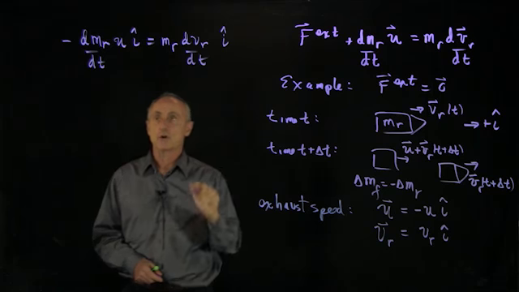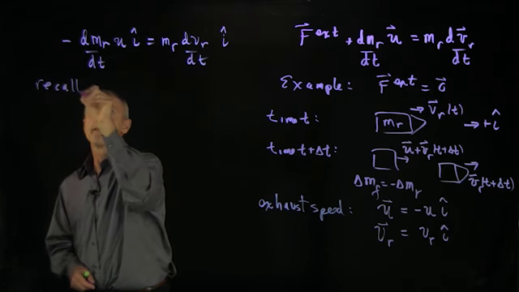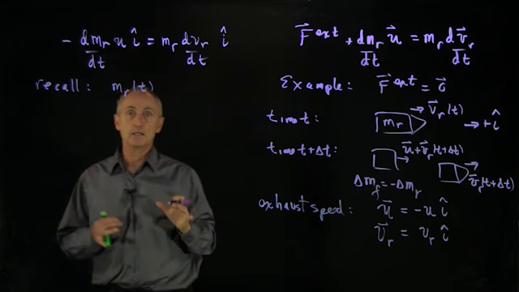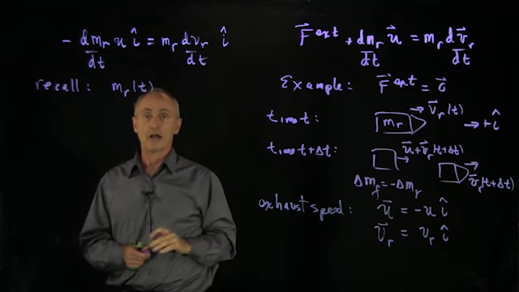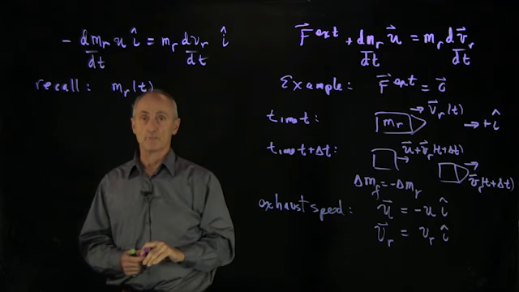Now, in this equation, it's important to recall that m_r is a function of time. And unless we have an explicit model for how the mass is ejected, in principle, we can't solve for the time behavior.